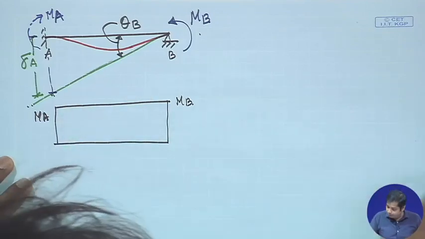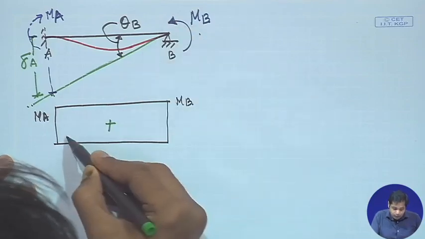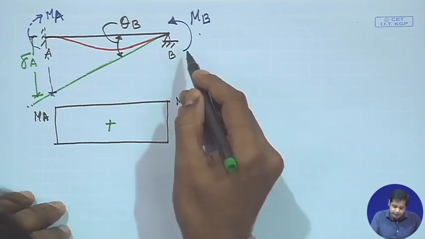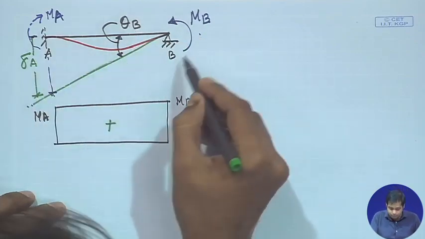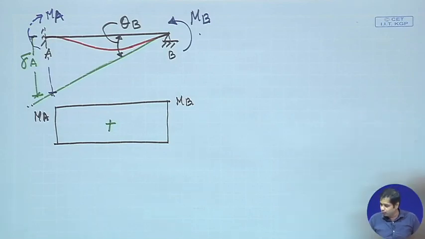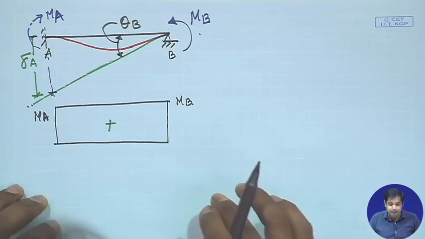This bending moment diagram is positive because, in the sign convention we use, whether it is sagging moment or hogging moment, we have taken sagging moment as positive. Now, remember the moment area method.